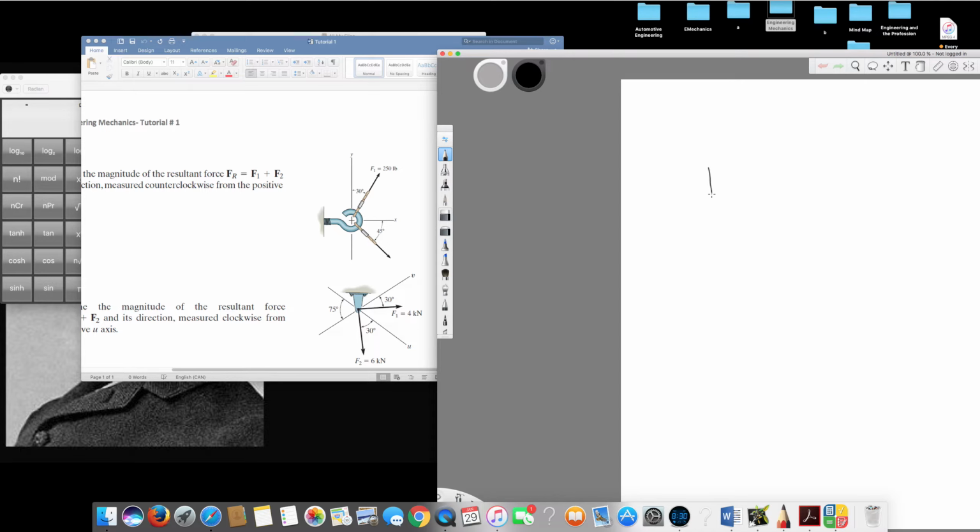So y-axis, x-axis, and this is F1, given 250 lb, and the angle between it is 30 degree.